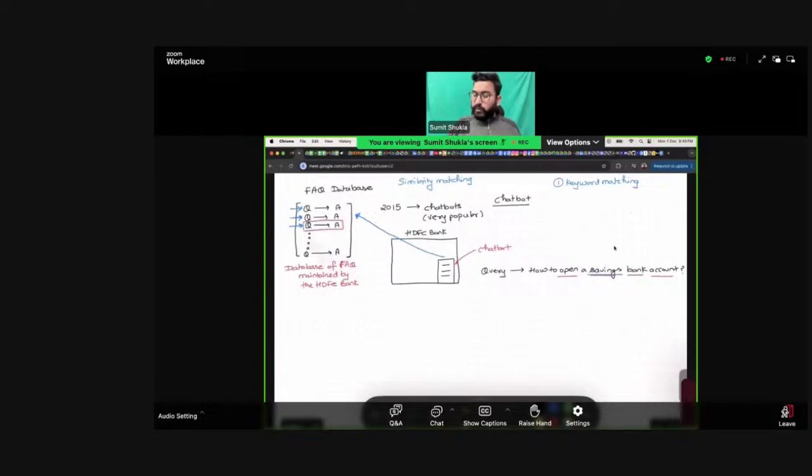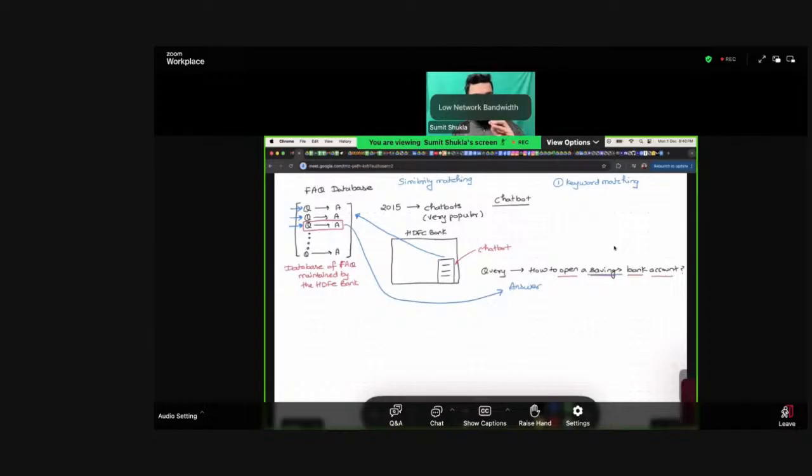So it will take the corresponding answer and return it to you as the answer to your query. What it is performing is known as keyword matching, where it is not looking at the meaning of the sentence. It is just trying to find the closest question that is similar to your query.